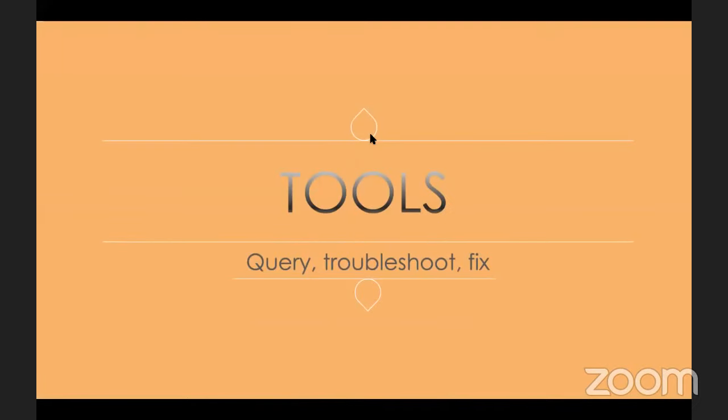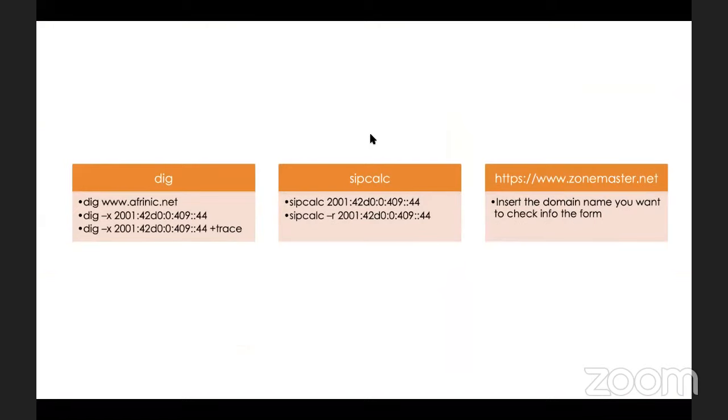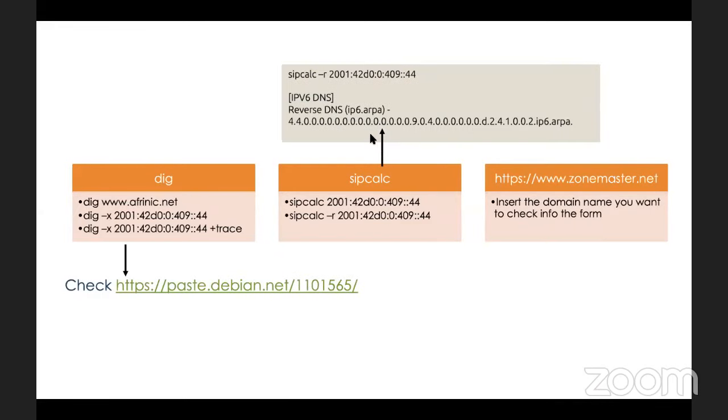Okay, now some tools. Just a quick presentation of 3 tools, 2 command line tools and 1 online tool. The first one is Dig, which is a command line tool. Using Dig, you can query either a domain name or a number.